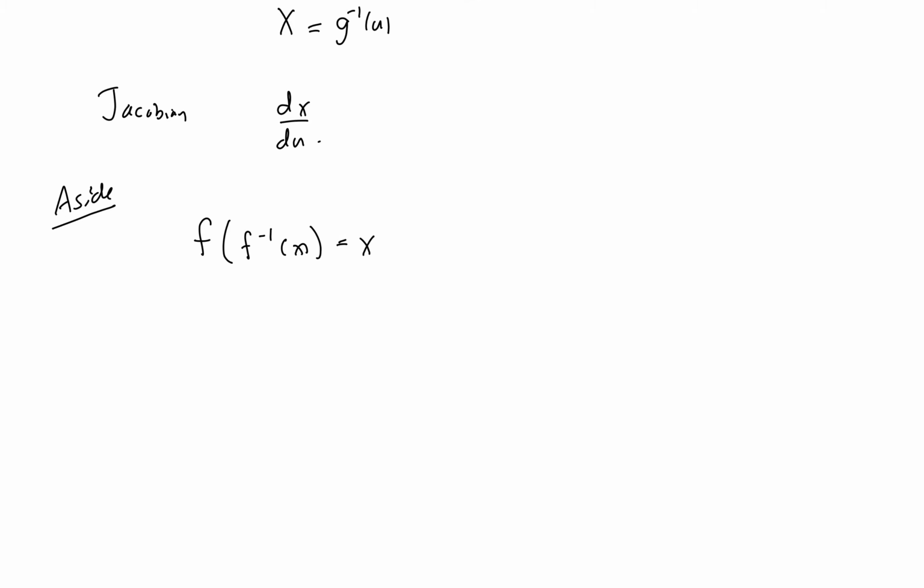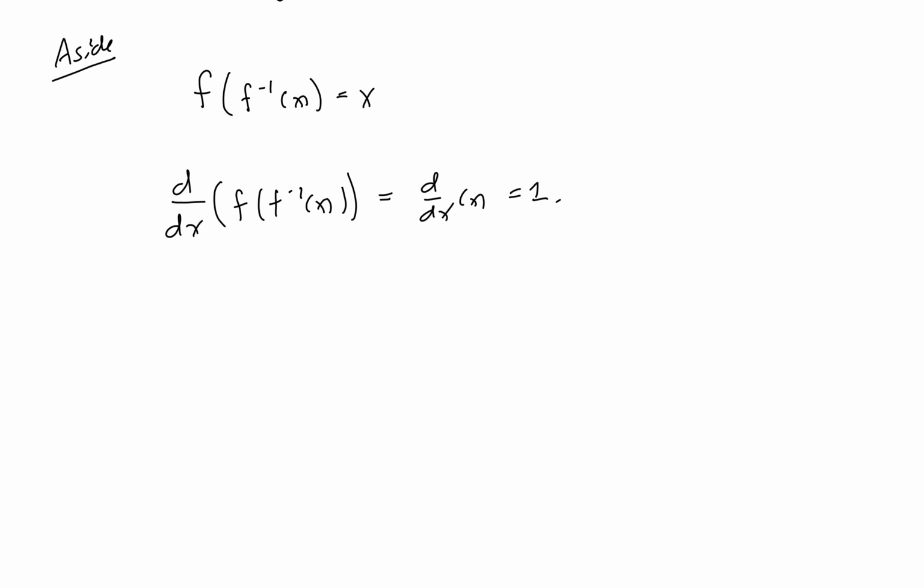If I have this equation, if I take the derivative of both sides, well, on this side, this is certainly just 1. And on the left-hand side, we have to use chain rule. So I have f prime of f inverse of x times the derivative of f inverse of x. And all of that's equal to 1.